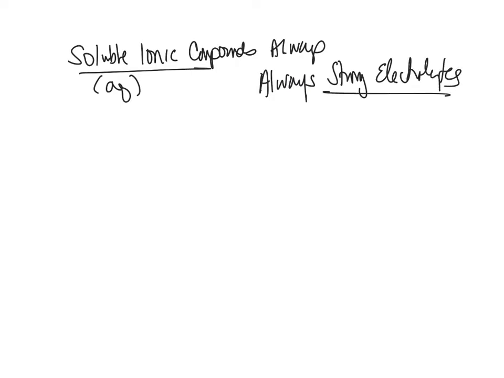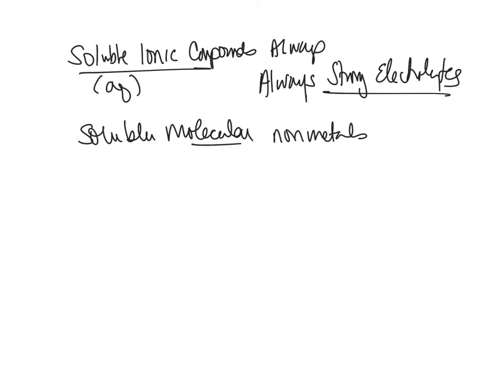What about soluble molecular compounds? When you think about molecular compounds, you need to think about nonmetals. And these are going to be weak electrolytes. But I think the answer that they want here is that sometimes these are going to be strong electrolytes.